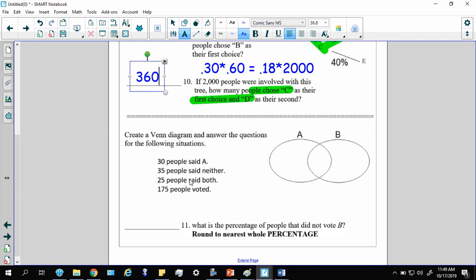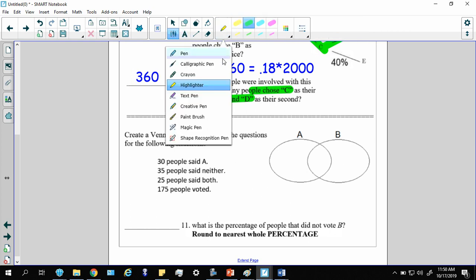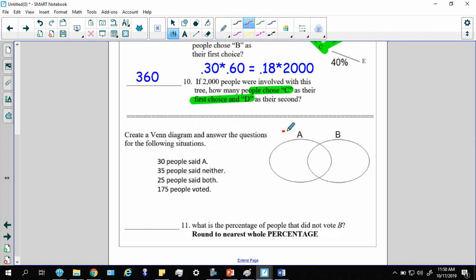All right, so in this question here, create a Venn diagram. Okay, so 30 people said yes. 35 said neither, which is right here, 35. 25 said both. Now, 175 people voted.